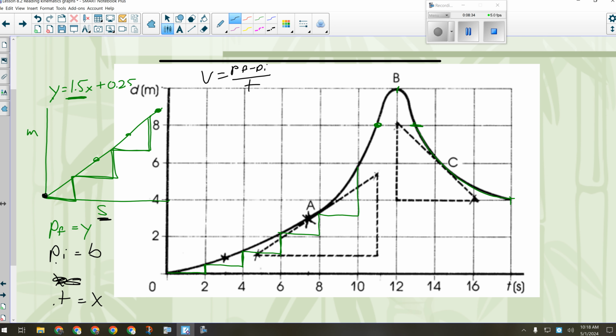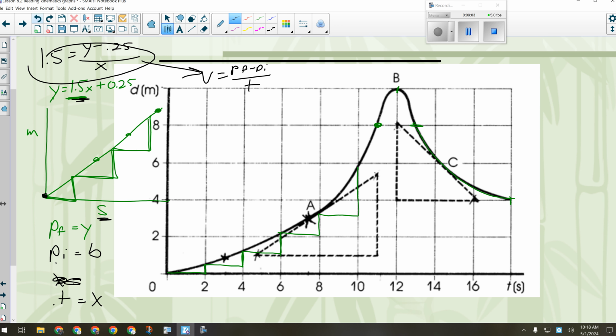So that means m, if I manipulated for m, I would have 1.5 equals y minus 0.25 over x. Well, isn't this that?